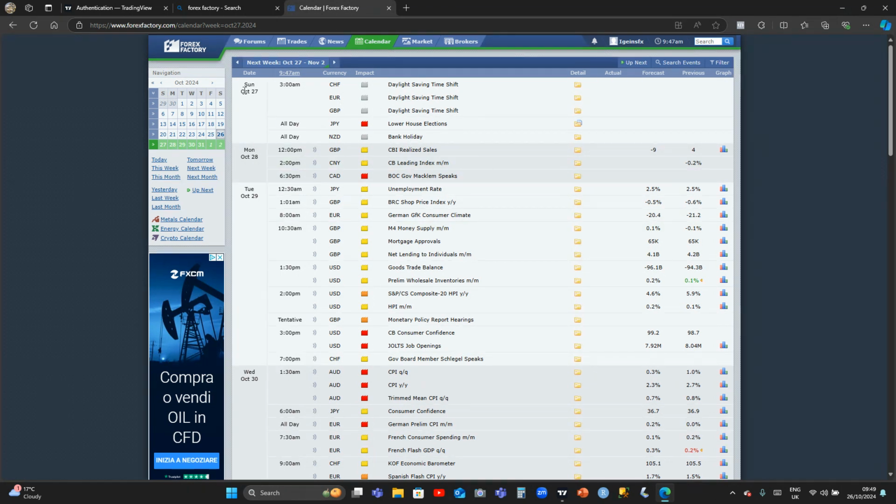Beginning from Sunday, that is tomorrow, there's activities. So do well to always get yourself in tune with the Forex Factory calendar. It's very important so that you can know the news event that is ahead.